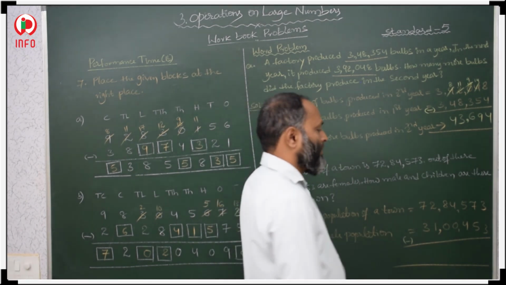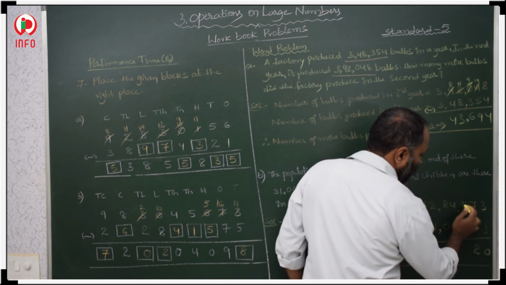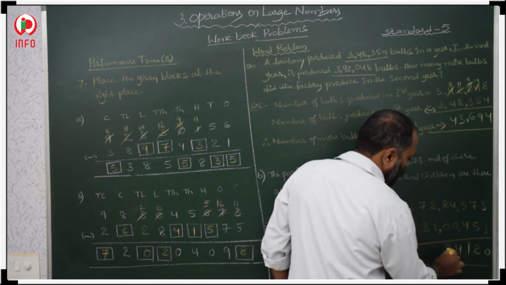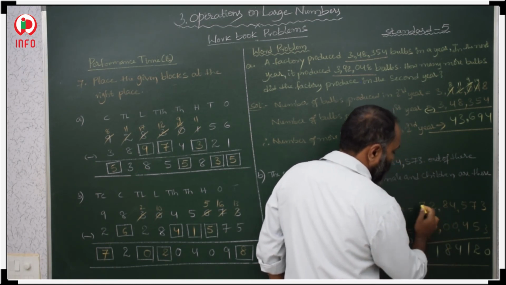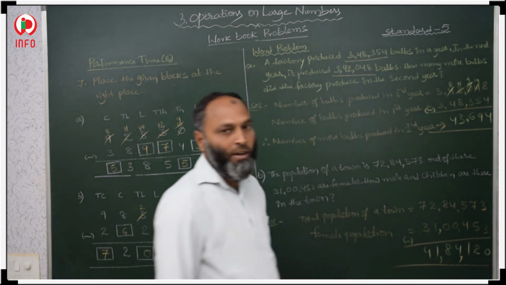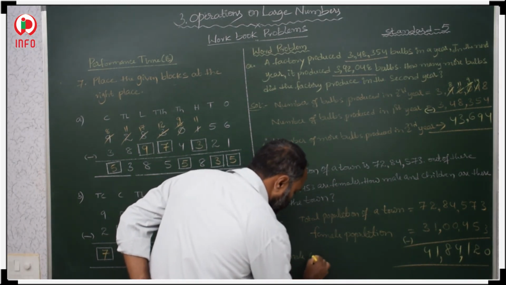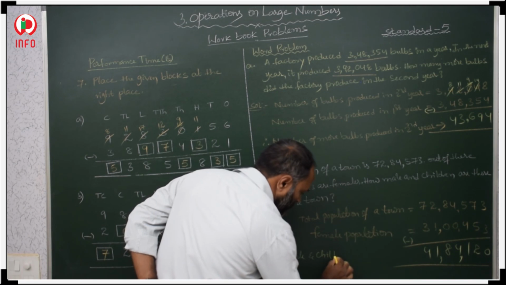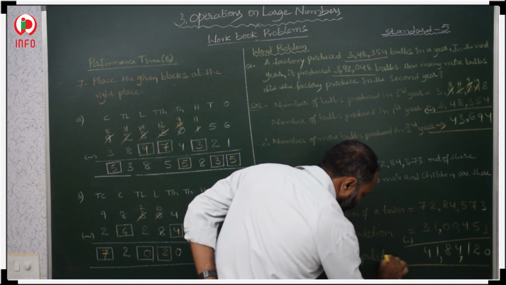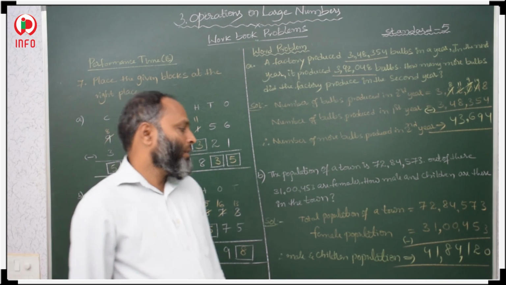First 3 minus 3 is 0, 7 minus 5 is 2, 5 minus 4 is 1, 4 minus 0 is 4, 8 minus 0 is 8, 2 minus 1 is 1, 7 minus 3 is 4. 41 lakhs 84,120. So therefore the male and children population is 41 lakhs 84,120.